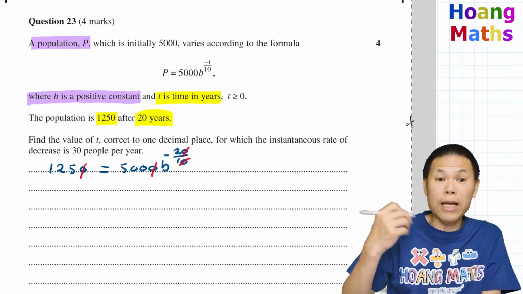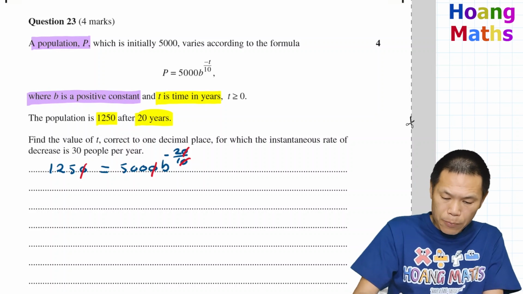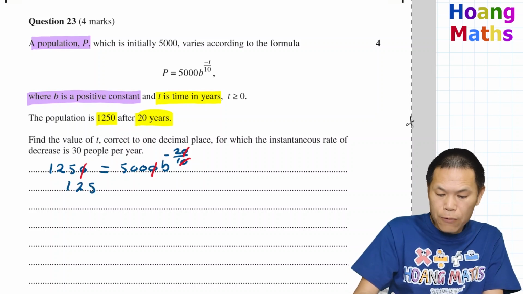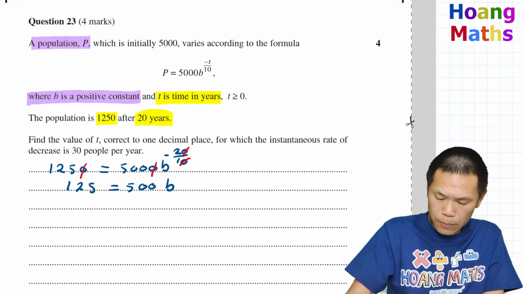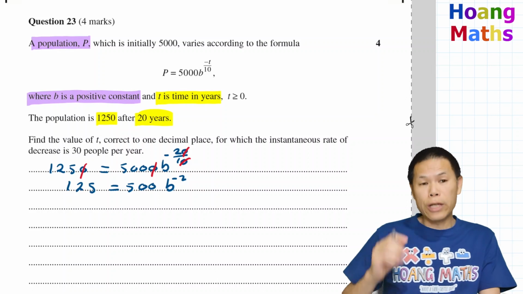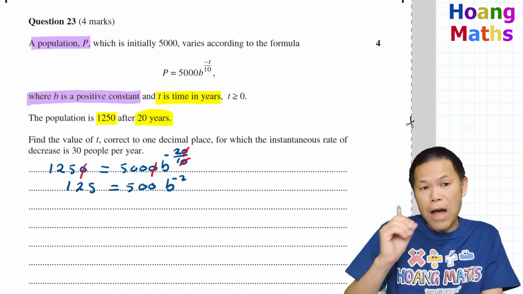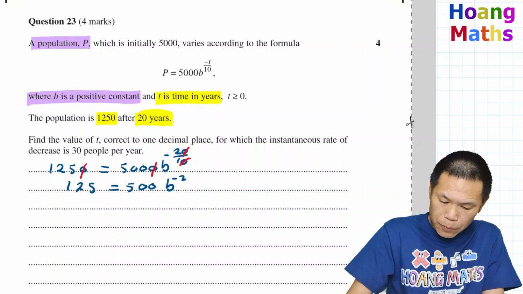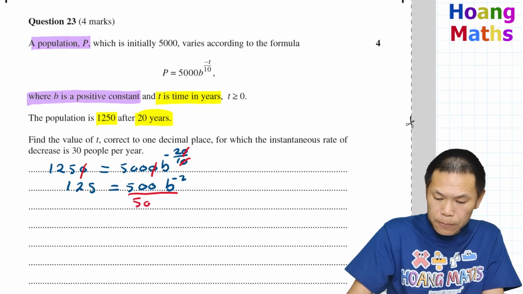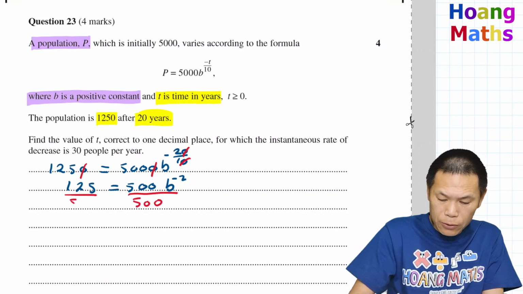So let me just rewrite this. So that means 125 equals 500 B to the power of negative 2. Like that. So now what I do, I divide by 500 on both sides, so this 500 and this 500 cancel out.